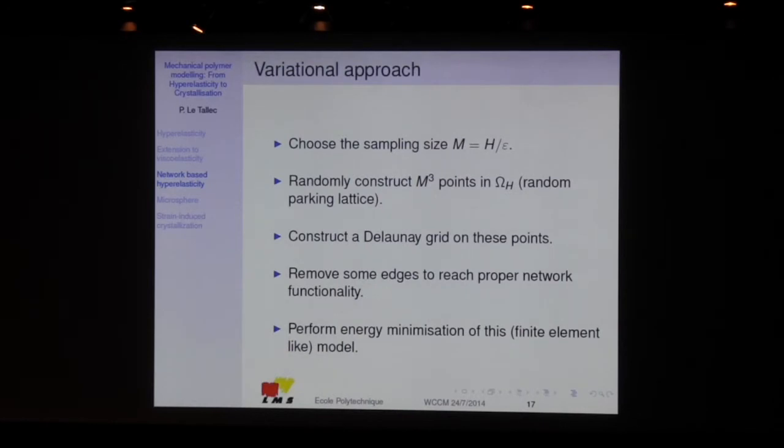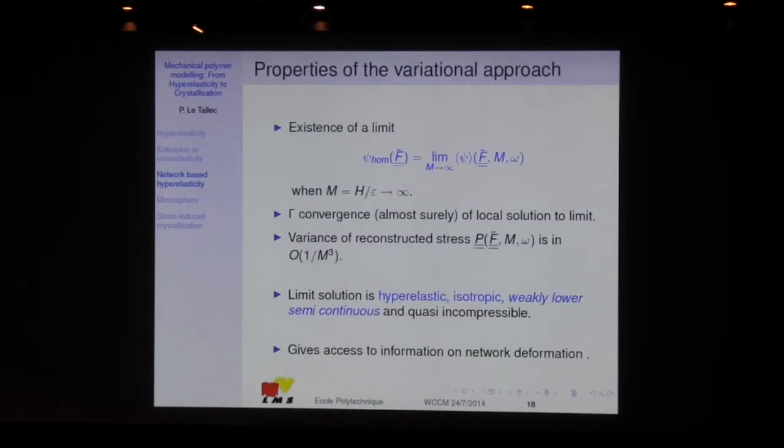What is nice about this approximation is that it has a limit. Antoine did prove that when the size of the sample goes to infinity, this converges to a macroscopic density of energy.